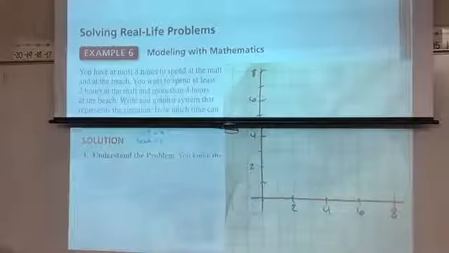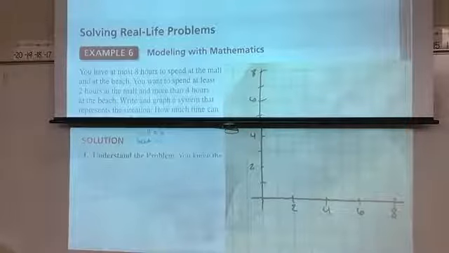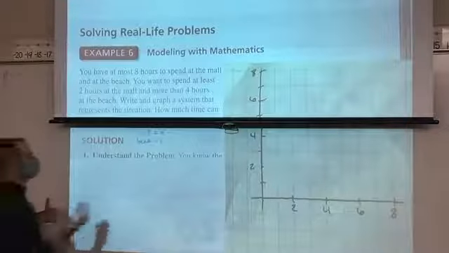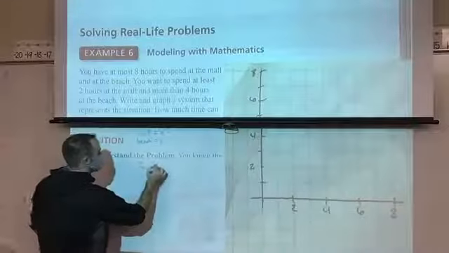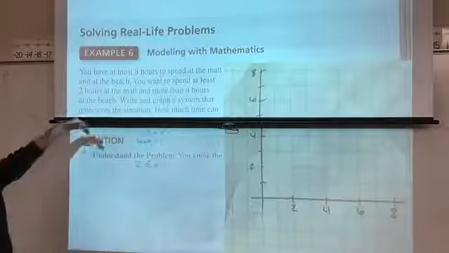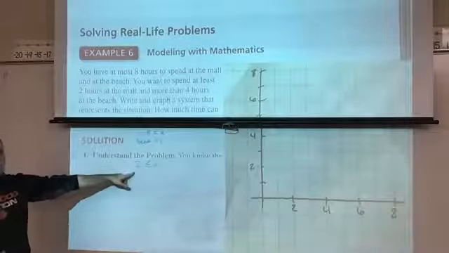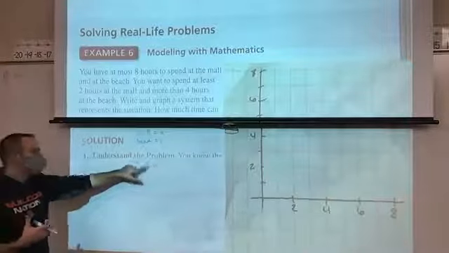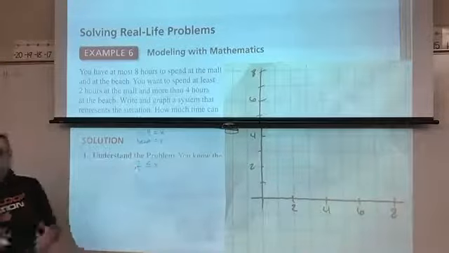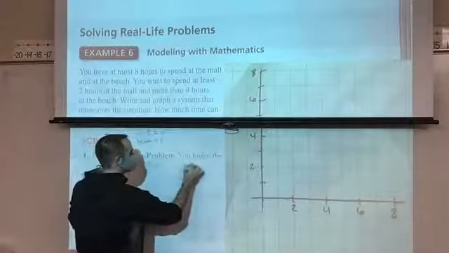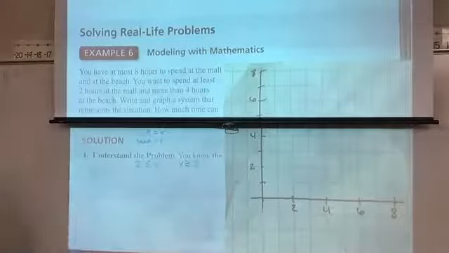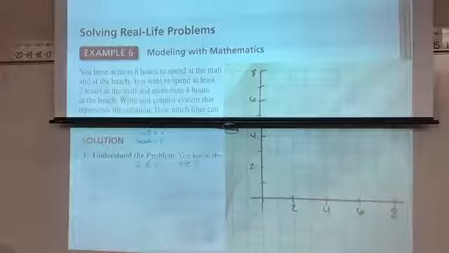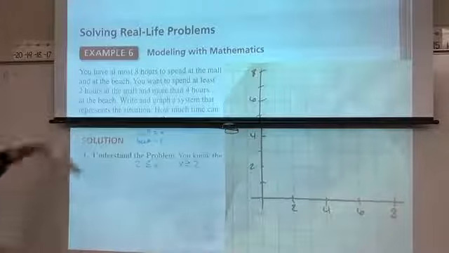What inequality can we say that just talks about the mall, or just talks about x? 2 is less than or equal to x, because we know we want to spend at least 2 hours at the mall. So my x value, my amount of time at the mall, has to be at least 2, and that's what this is. You could have rewritten it as x is greater than or equal to 2, same exact thing, either way. Good, so that's talking about the mall.